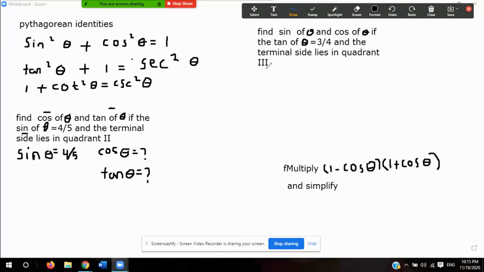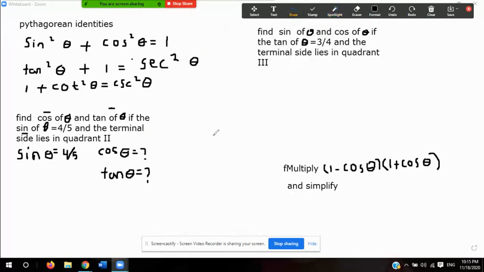It's the one that comes close, because what I'm given in the problem is the sine, and I'm asked to find the cosine and the tangent. The second identity has tangent squared and secant. So let's go ahead and plug in.